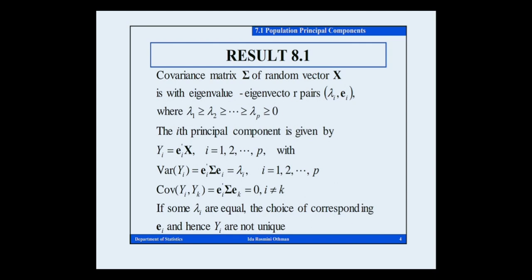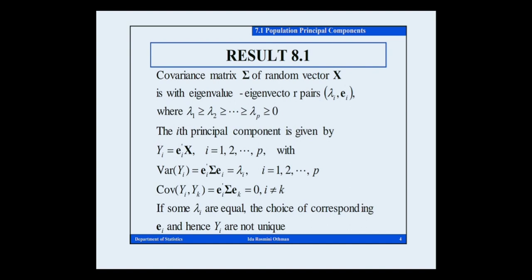So every eigenvalue will have a pairing eigenvector in the form of vectors. Okay, ei is the notation for the normalized eigenvector. For eigenvector x, the normalized eigenvector will be e. The formula to get the eigenvector you have also learned before.